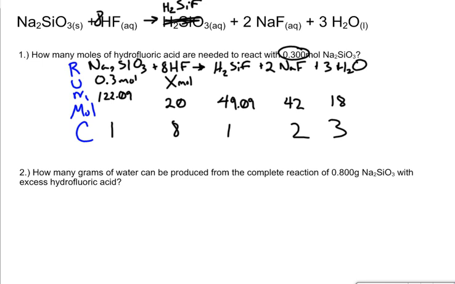Now anytime you go down the table, you divide. Anytime you go up, you multiply. So we need to fill in some of the lines here. We've got to figure out how many moles of each of these we have.